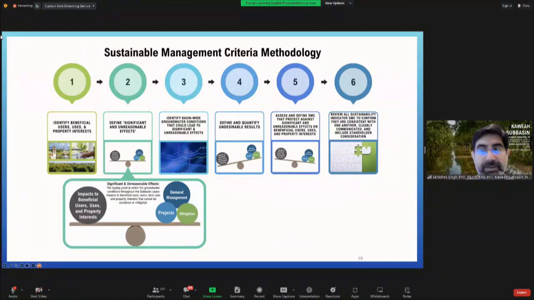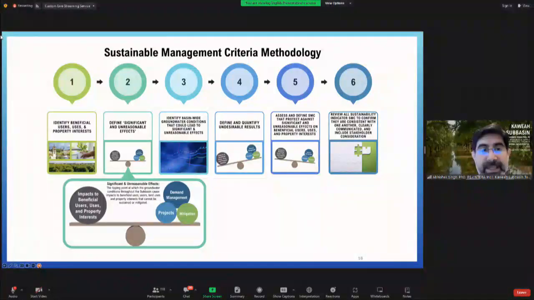This slide outlines the steps that were followed in the development and the revision of all sustainable management criteria. All SMCs start by defining beneficial use and users. We then qualitatively define what constitutes significant and unreasonable impacts.